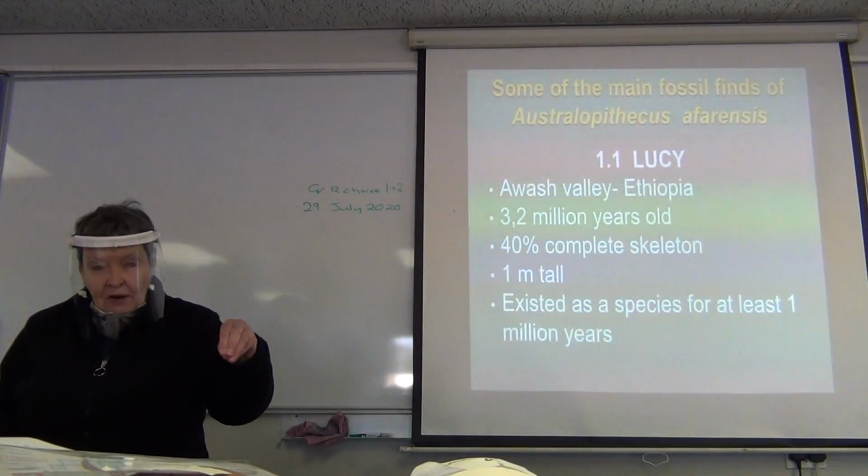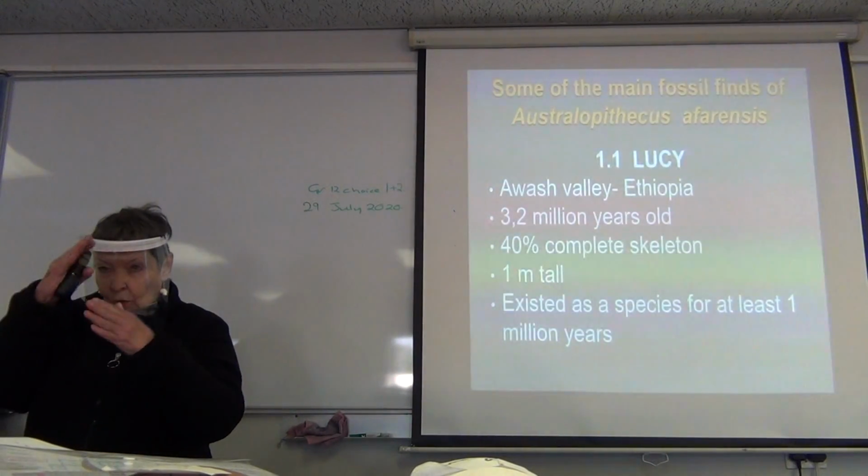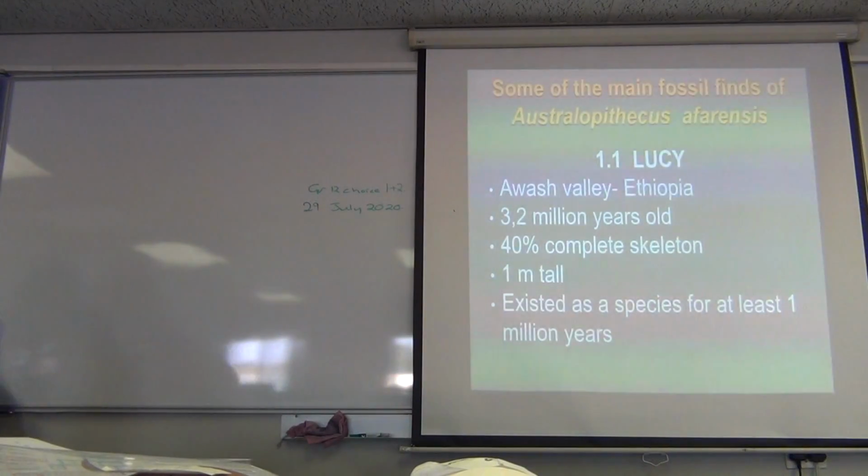That particular fossil, that actual one, is given a common name by which it is referred. No, that's bad English. That's used to talk about it. Okay, so instead of people having to talk about Australopithecus afarensis all the time, they can just say that particular one was called Lucy.